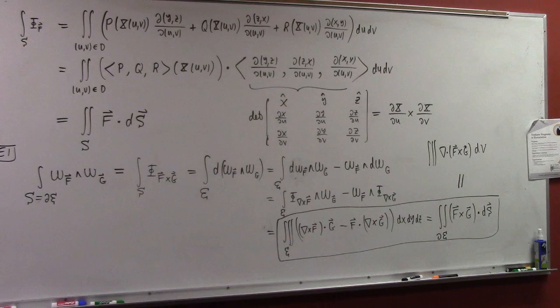Not really. We haven't really defined what we mean by an oriented surface, and what is a manifold with boundary? I'm not sure I quite have that in these notes. I'm trying to follow the notes in here, right?